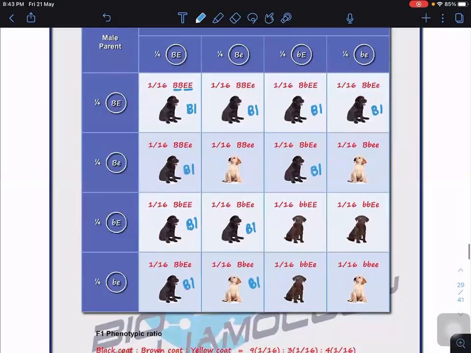But you look at this: small e, small e, small e, small e. That means no deposition. So definitely they are yellow color. Yellow, yellow, yellow, and also here, yellow.